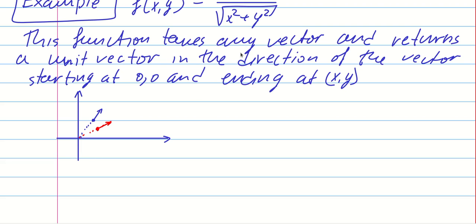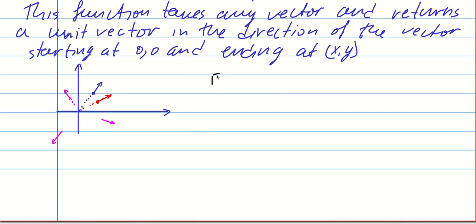All right, and so if you have a point over here, then you will have a unit vector sticking out in this direction. And obviously one will be here, and they're all unit vectors.